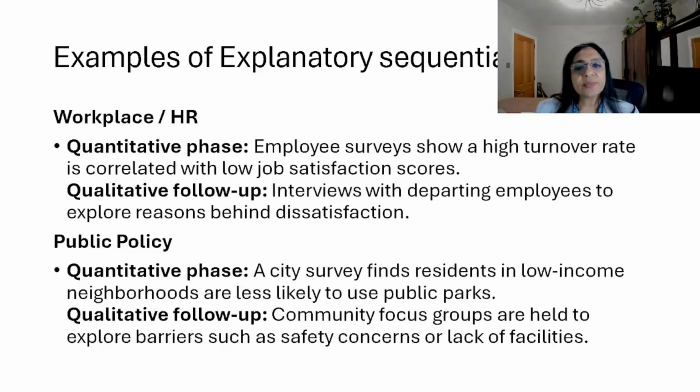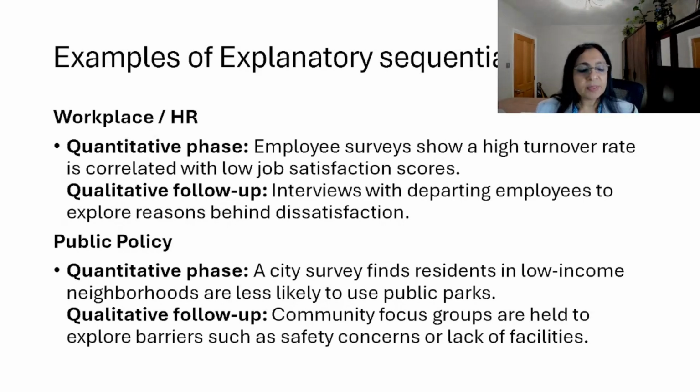More examples of explanatory sequential designs. The example is from workplace or human resource. Quantitative phase, employee surveys show a high turnover rate is correlated with low job satisfaction scores. So we can do a qualitative follow-up interview with departing employees to explore reasons behind dissatisfaction.